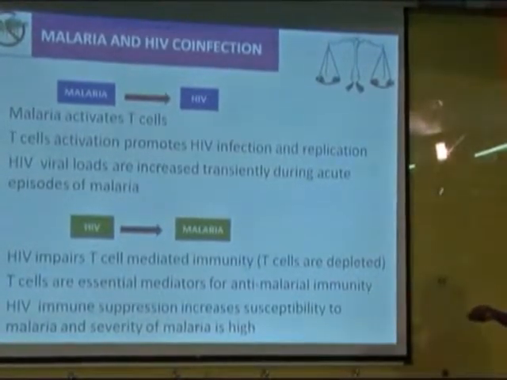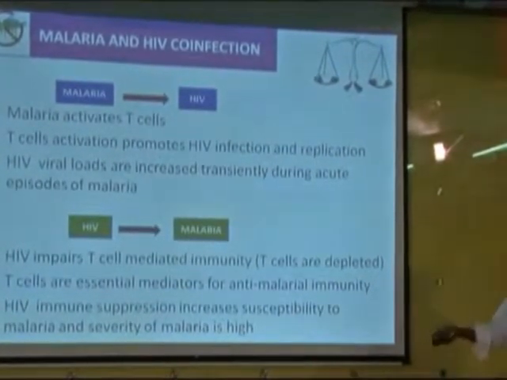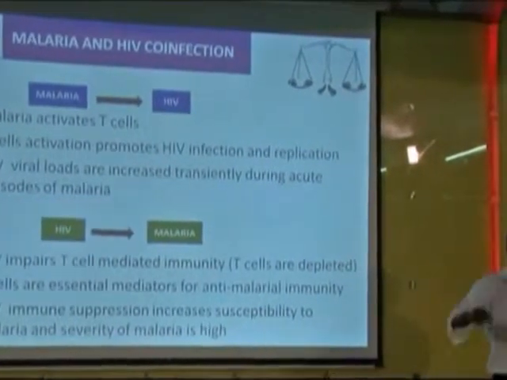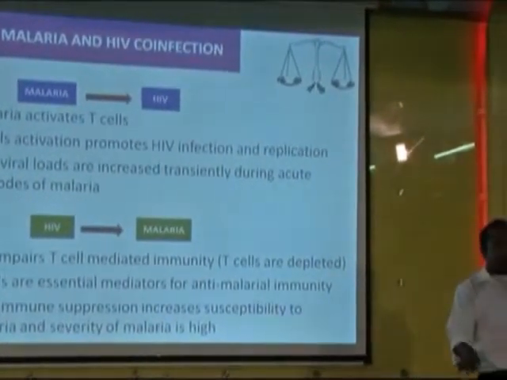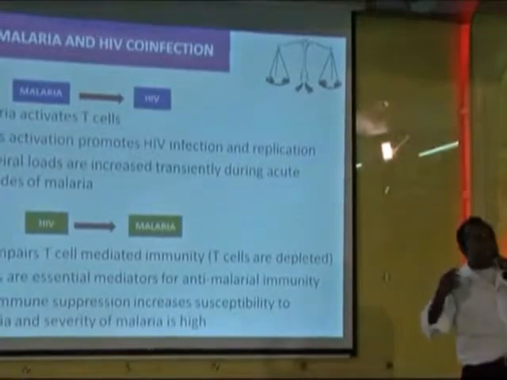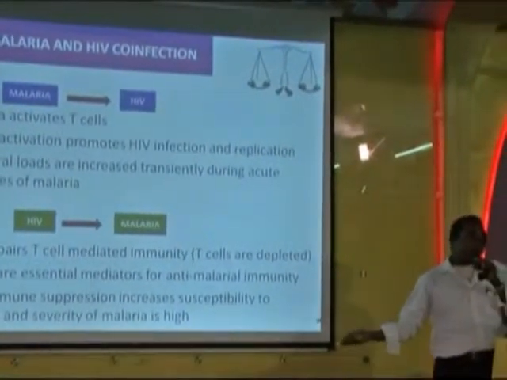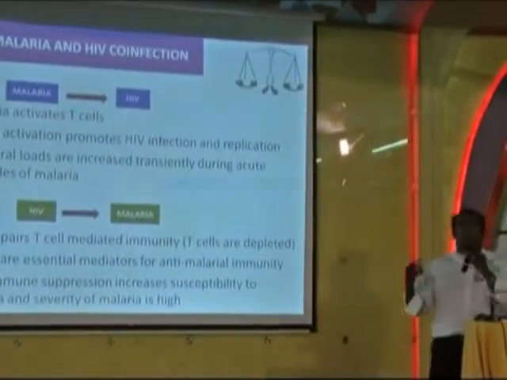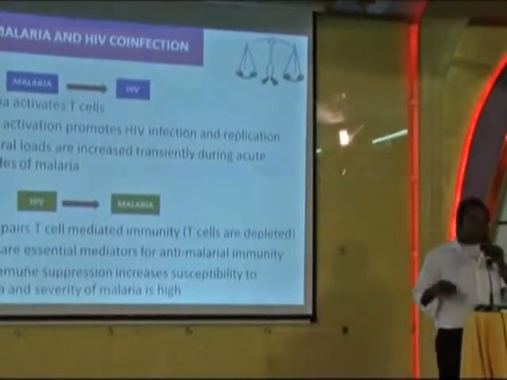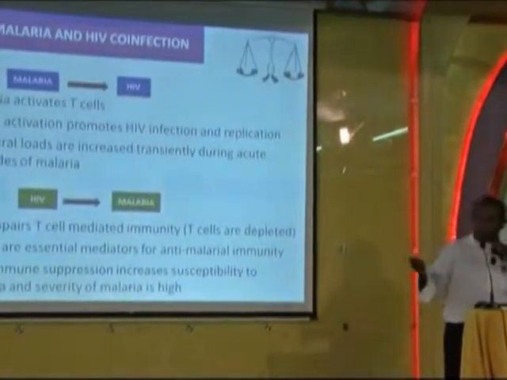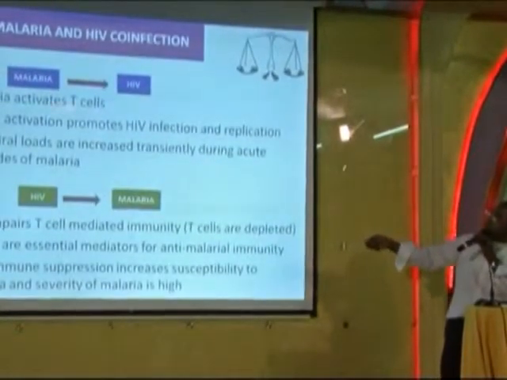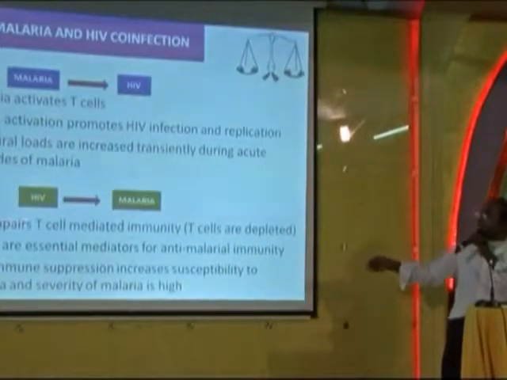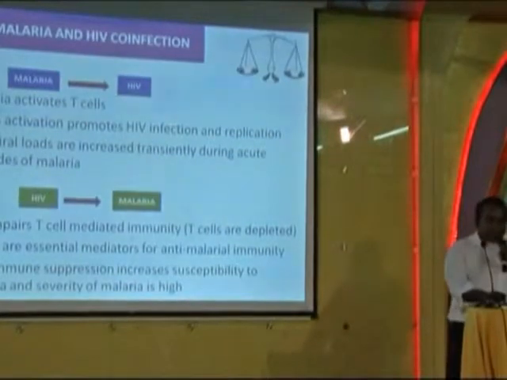Your immune cells are very low to fight the parasite, so clearance takes a longer duration, the malaria could last much longer, and the severity of malaria is high. So that's why I've put together the contribution of malaria to HIV and the role of HIV on malaria.